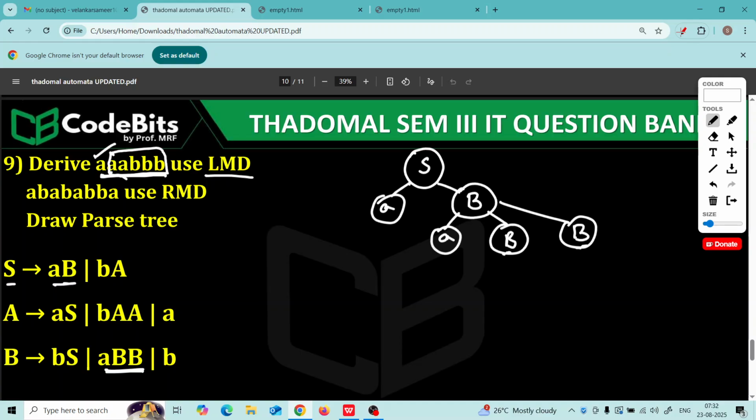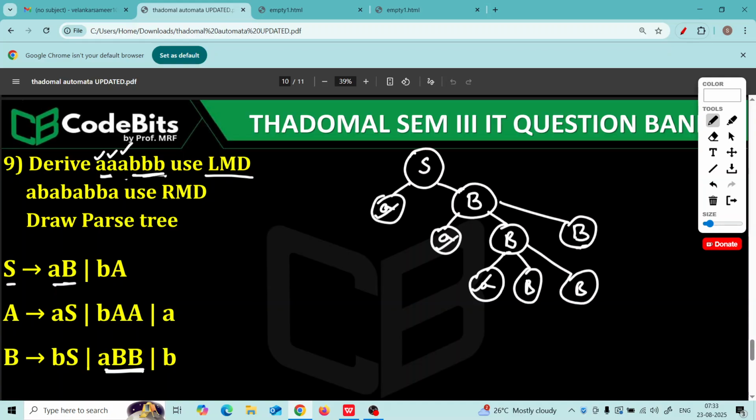Simply take the first non-terminal from the left-hand side. So what will you substitute B with? Obviously again aBB. So are you getting the first three a's? Yes. The first three a's are now generated.